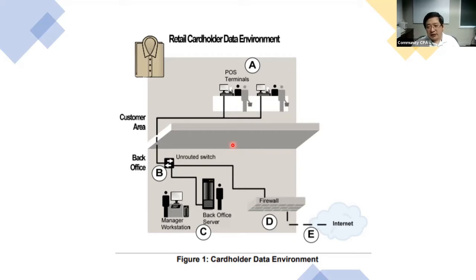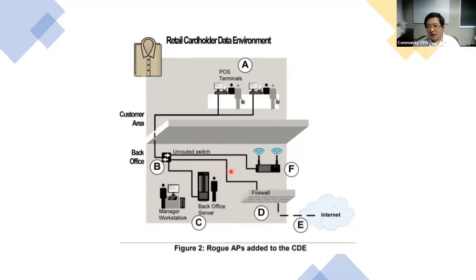This is the simplest way for PCI compliance. It's very easy. You just need to make sure all the computers are PCI compliant, and that's it. Right. So what happens if you have that free network that you were mentioning? Okay. Now we add a router. We add a router here. You add a router, add wireless, which we call wireless access points.